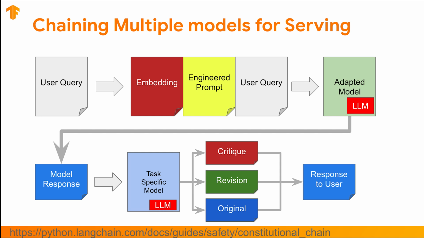But one of the things that I want to highlight in this particular picture is actually two things. One is that the model is really a portion of just the query to response system. It's not the only thing, right? There are a lot of other critical pieces that you have to think about ahead of time and make sure that you are building it in a way that it is easy for you to version and change each of those blocks as needed.